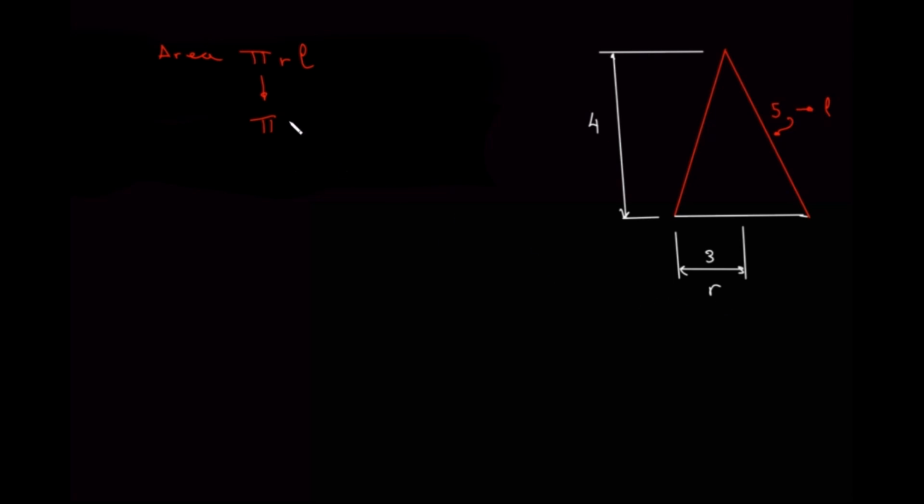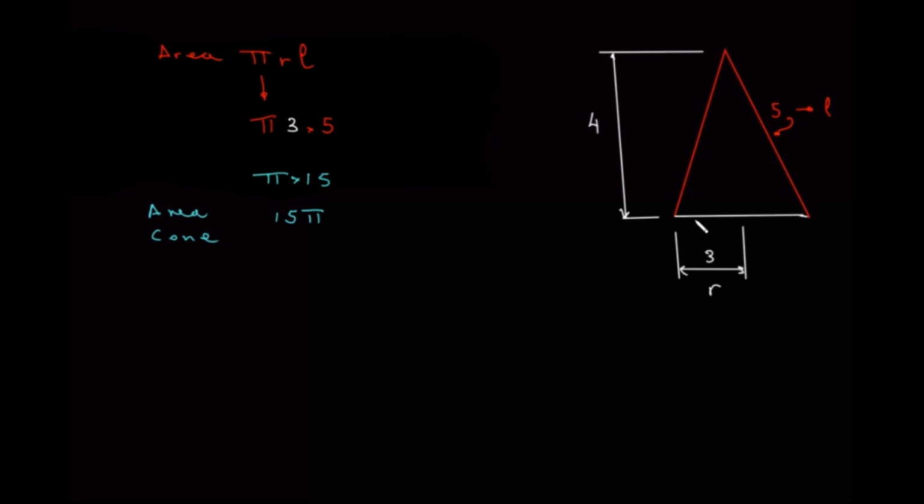R we said was 3, and L is 5, so we put in 5. This will now give us pi times 3 5s are 15, except normally we write it as 15 pi. That's because it's traditionally done that way. So that is the area of the cone part, the funnel part.